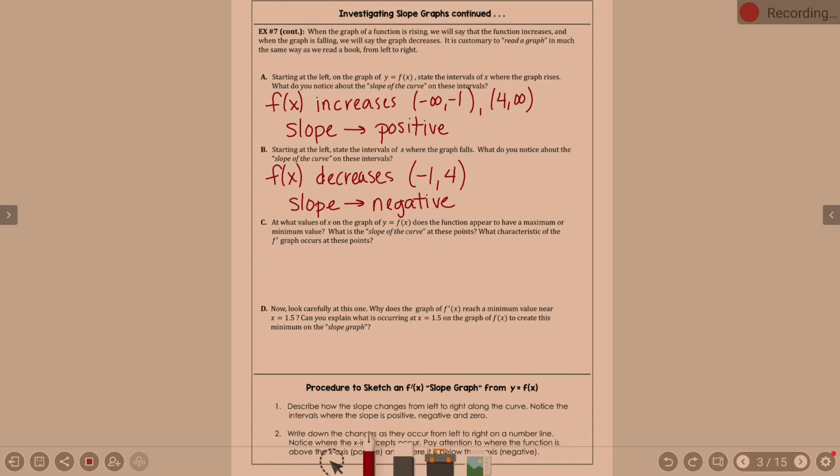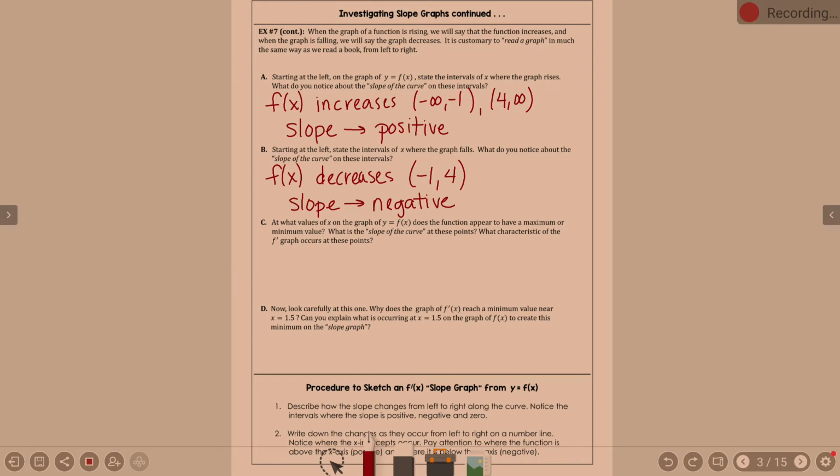Not that it has to be complete sentences, but complete thoughts. And slope, arrow, negative. Okay, good enough for me in class. Is that good enough for AP? No. It'd need to be more along the lines of the slope of the graph is negative, or the slope of the graph on the interval -1 to 4 is negative. You want to be wordy there. You want to put the details in.